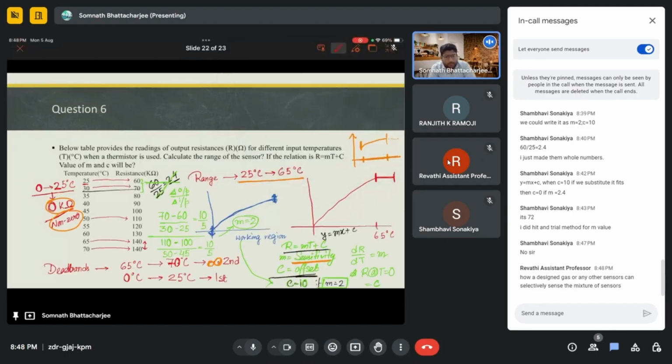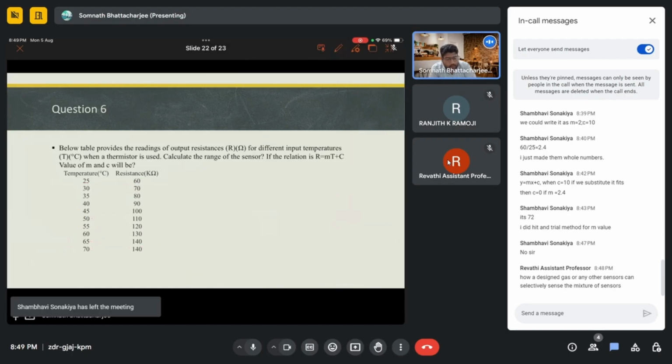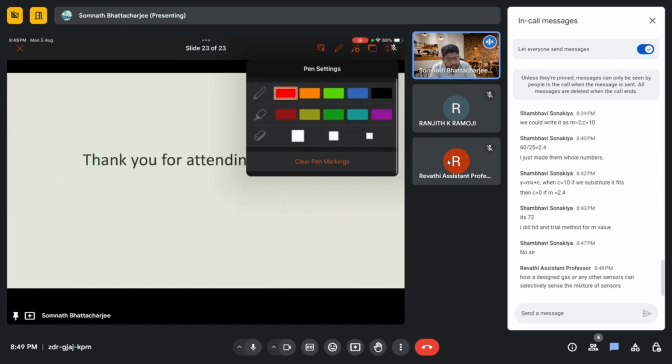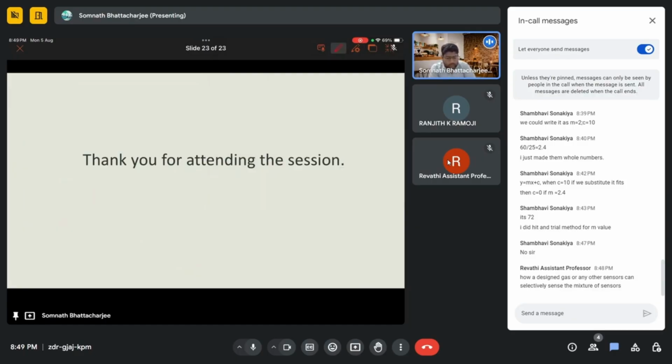So in most of the cases, let's say I will write it here. If we have a sensor R1 and a sensor R2, there can be specific cases where a sensor selectively chooses ammonia, and there can be specific cases where the sensor selectively chooses N2.